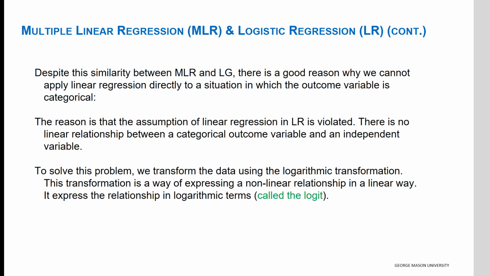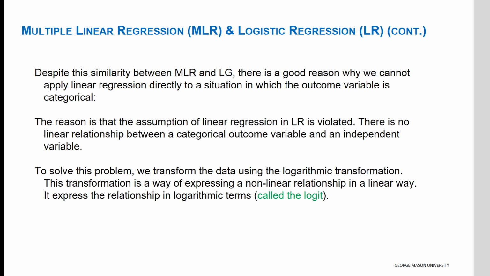Despite this similarity between multiple linear regression and logistic regression, there is a good reason why we cannot apply linear regression directly to a situation in which the outcome variable is categorical. The reason is that the assumption of linearity in linear regression is violated.